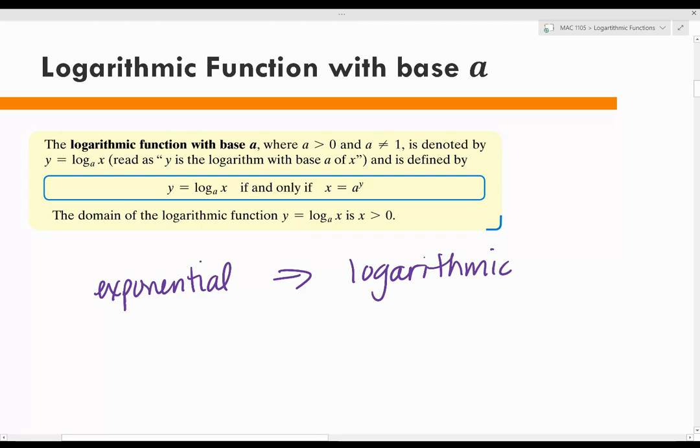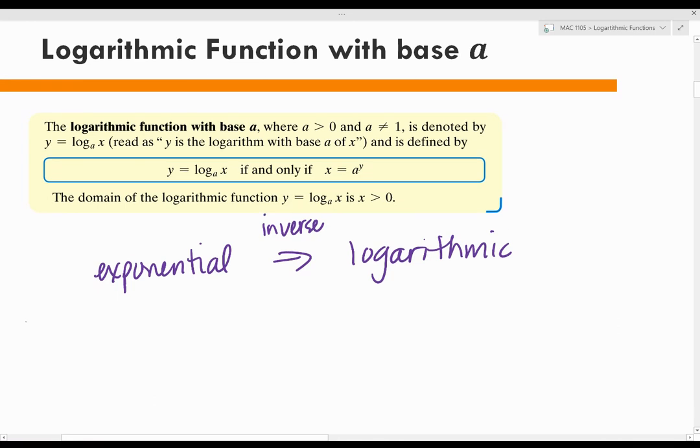Now, we also learned when we talked about inverses that inverse functions share the same domains and ranges, just flip-flopped. When we learned about exponential functions, their domain is negative infinity to positive infinity, all real numbers. For the logarithmic function, we just read that the domain is x greater than 0, so 0 to positive infinity.